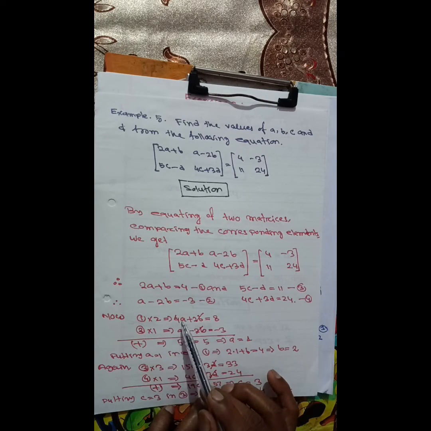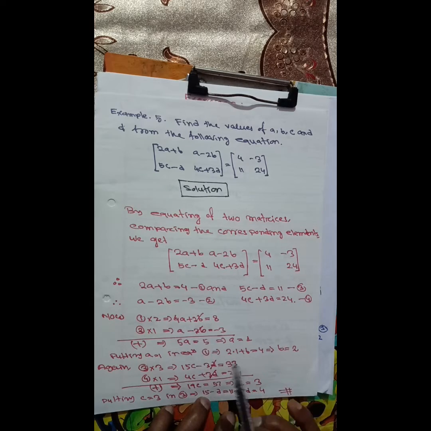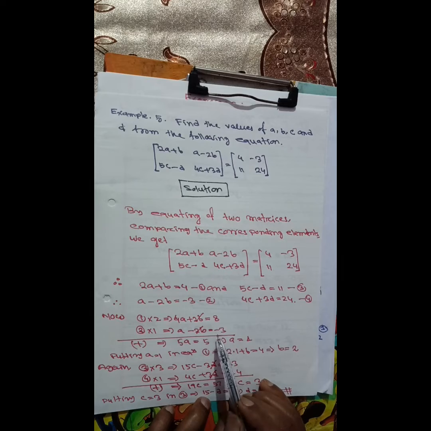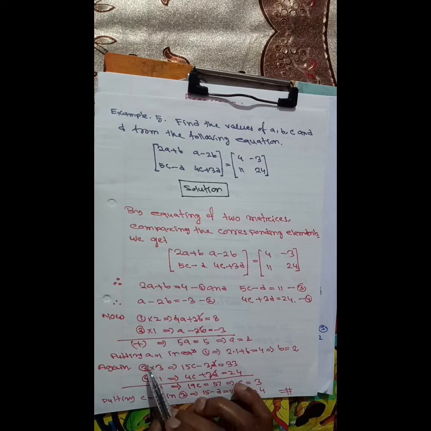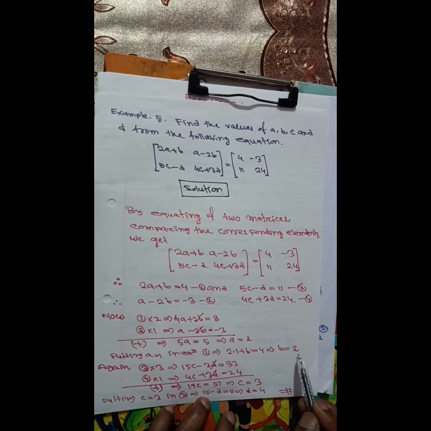Then 4a plus a is equal to 5a, twice b minus twice b goes out, equal to 8 minus 3 equal to 5. Therefore, we get a is equal to 1. Putting a is equal to 1 in equation 1, we get b is equal to 2. Similarly, if we solve equations 3 and 4, we get c is equal to 3 and d is equal to 5.